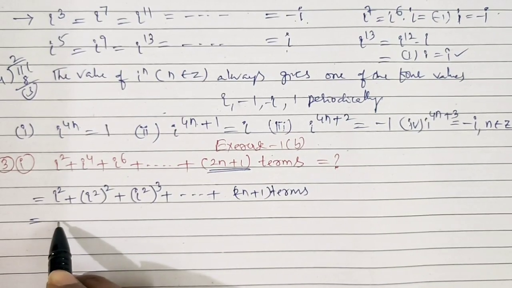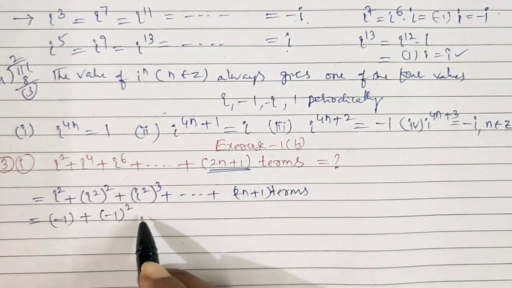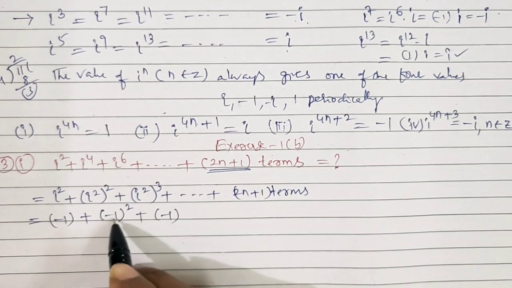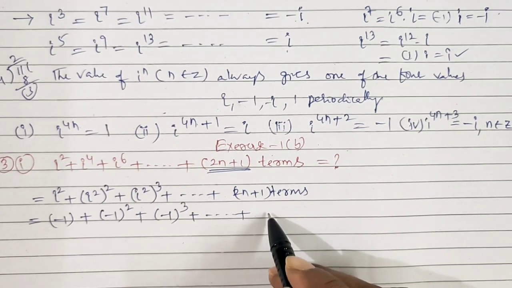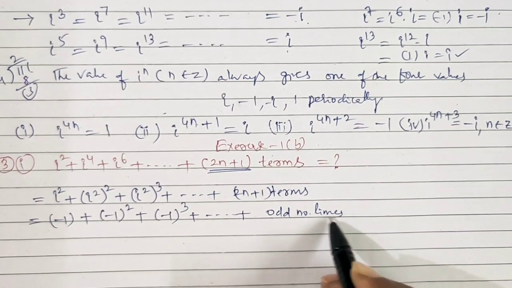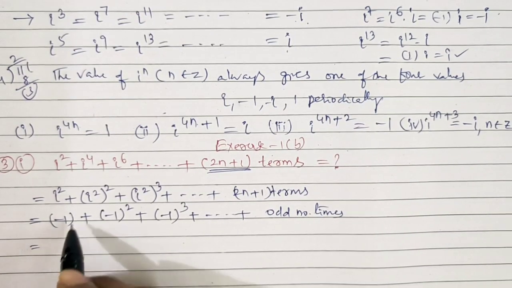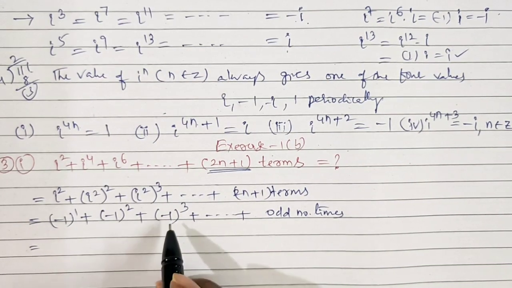That means an odd number of times. So i square value minus 1, plus minus 1 whole square, plus minus 1 whole cube, plus so on, odd number of times we have to take this. So here 1, 2, 3 terms.